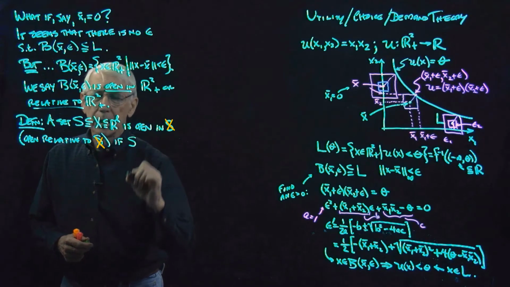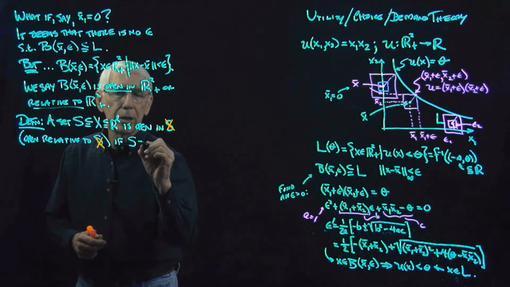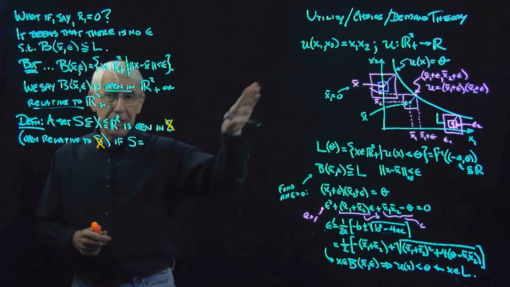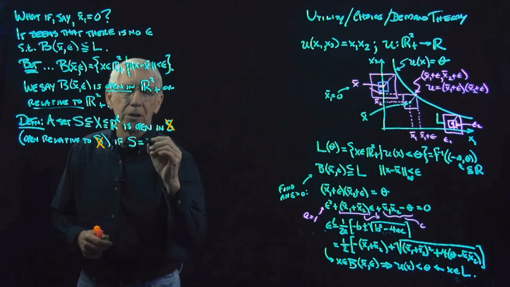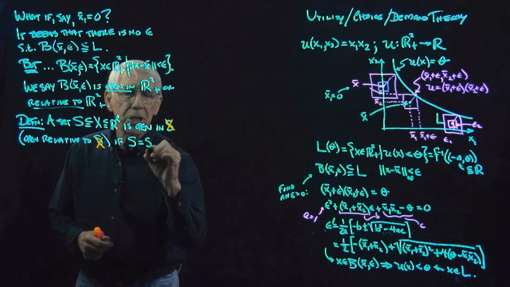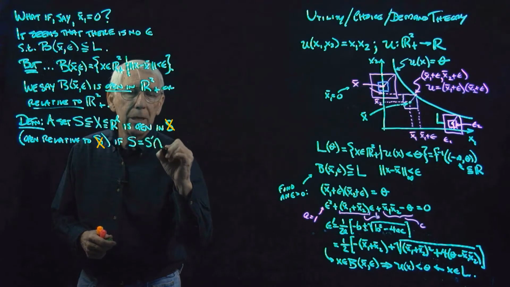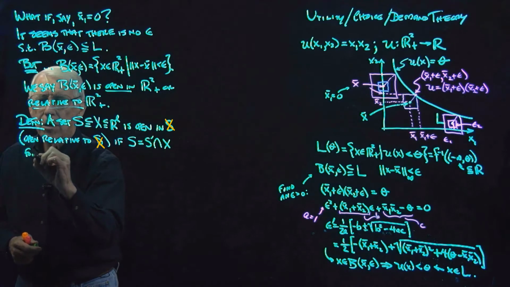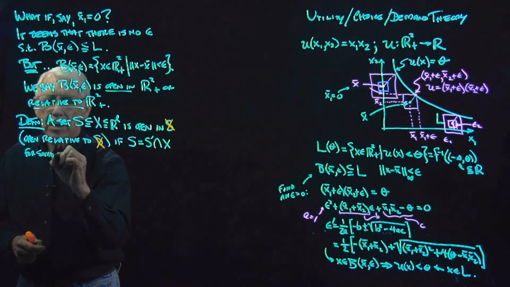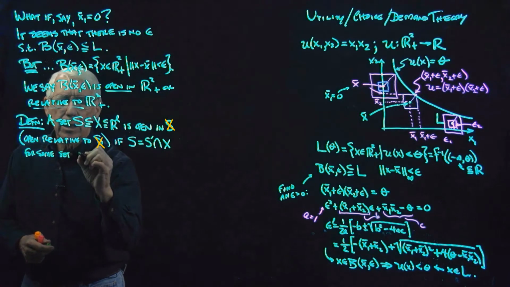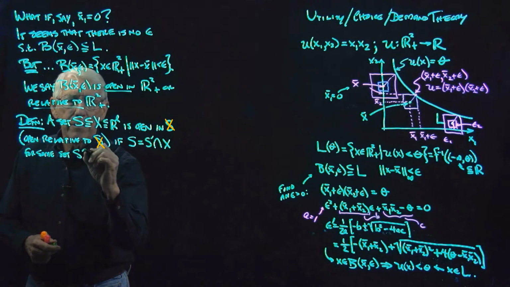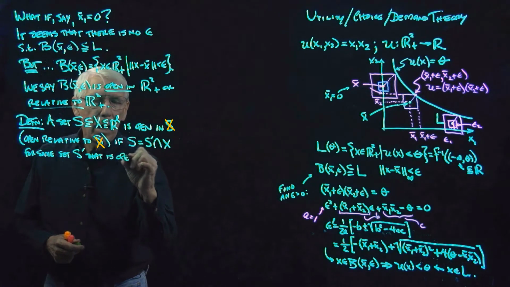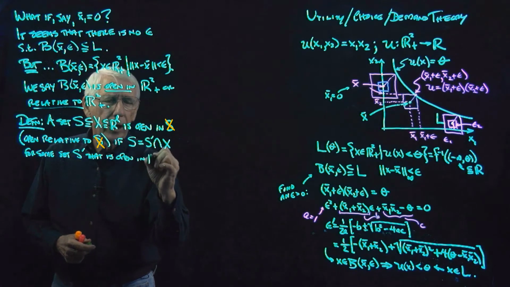now this looks a little tricky, so we're going to give an example of how this works. If S is equal to some set, we'll call it S prime, intersect X, for some set S prime that is open in RL.